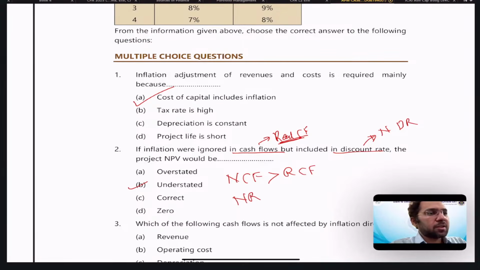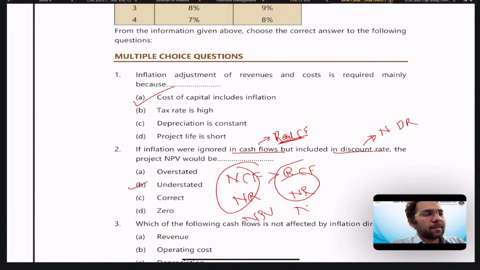And if you discount the real cash flows also by the nominal rate, then quite obviously when you compute NPV, the NPV of the real cash flows is going to be lower. So this is going to be understated. So it's a case where you're going to say that it's going to be understated.